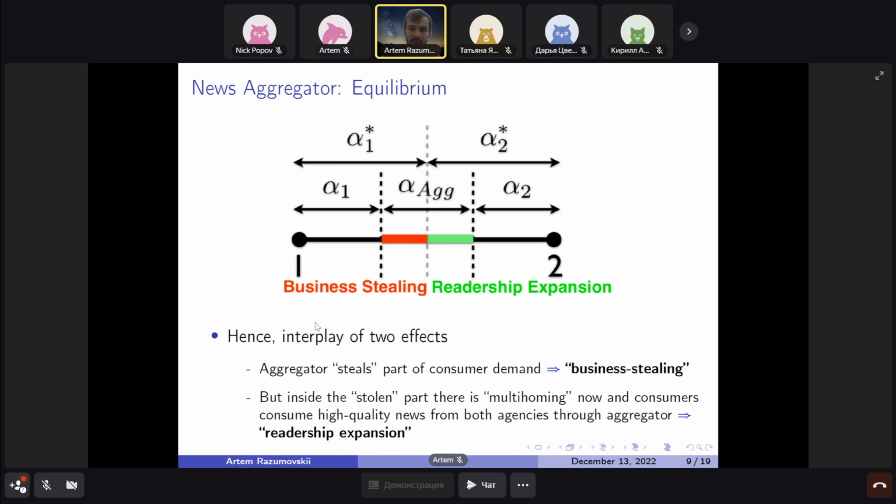But in case readership expansion prevails over business stealing, then it's profitable for the agency that the aggregator enters the market. So this will affect the agency's behavior. If it's profitable for the agency that the aggregator enters the market, they will behave to help the aggregator enter the market. If not, then not.